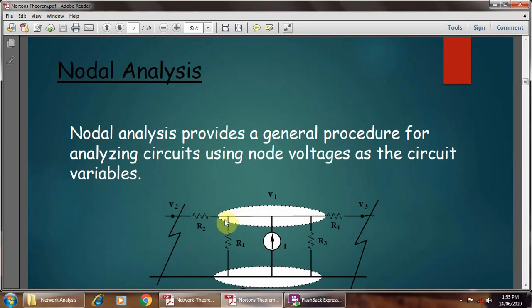Here there are 3 nodes, and individually we have calculated the voltage drop across each, V1 with respect to the ground.